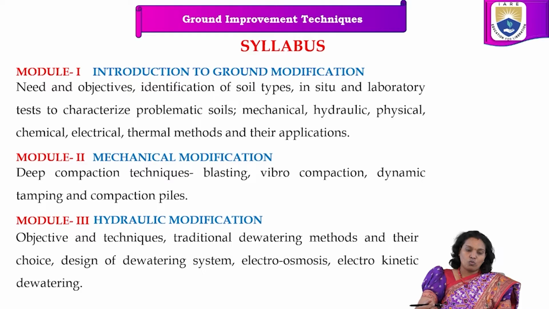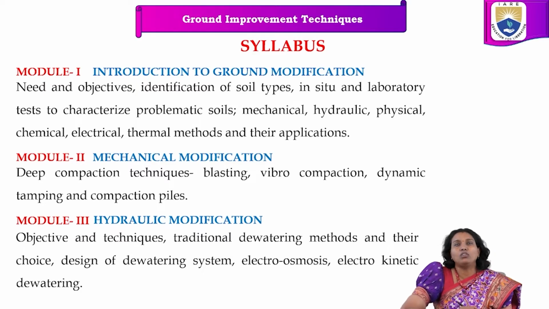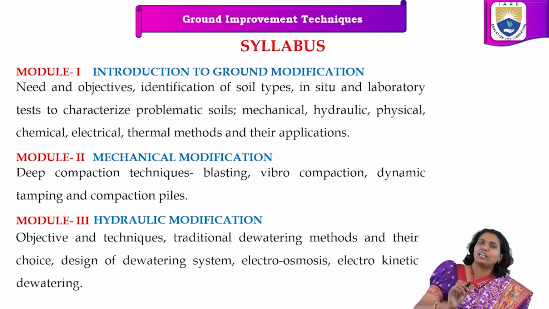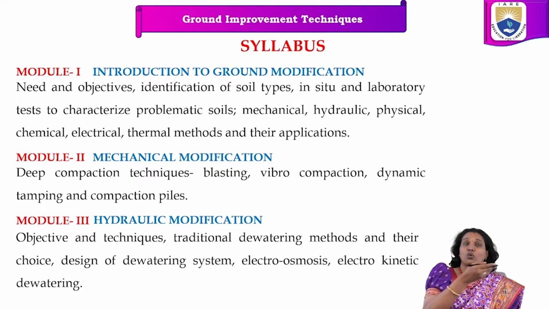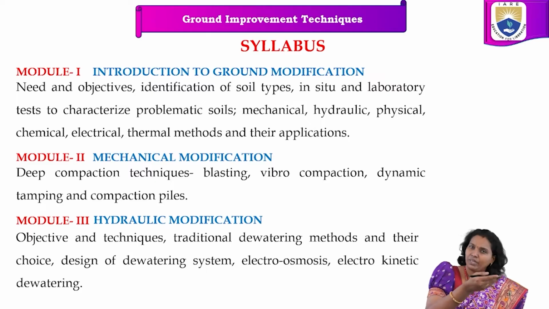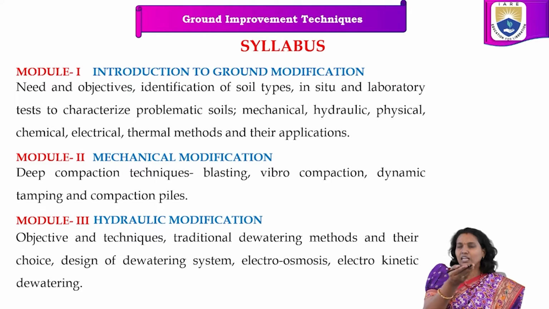Coming to module 1, introduction to ground modification. Based on the prerequisite of geotechnical engineering, in module 1 we have to understand and introduce ground modifications. Ground improvement techniques is purely for improving the different types of properties which are required to withstand the structure, the physical infrastructure, whether it is a bridge, dam, building, tunnels, and so on.